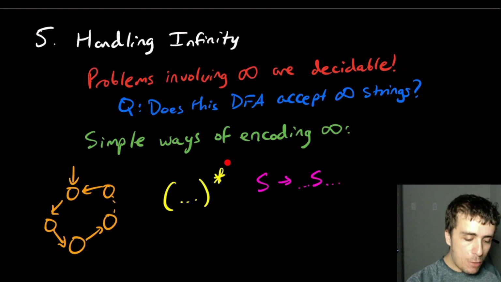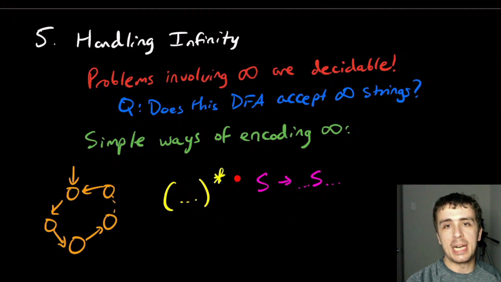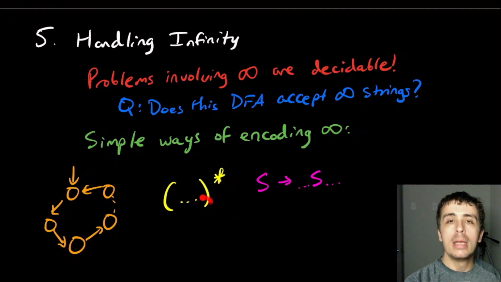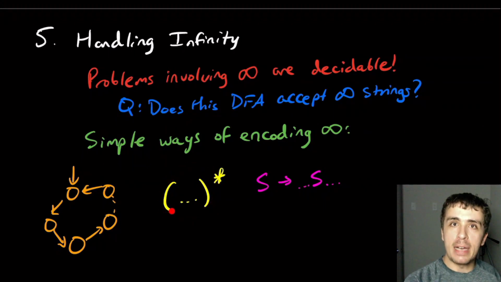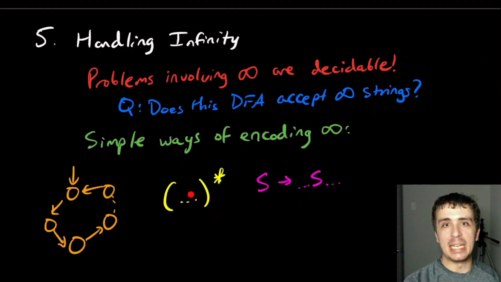If you have a regular expression and have something non-trivial on the inside and put a star here, this says 0 or more times to repeat the stuff on the inside. So even though this is a finite size representation, it's representing an infinite size set.